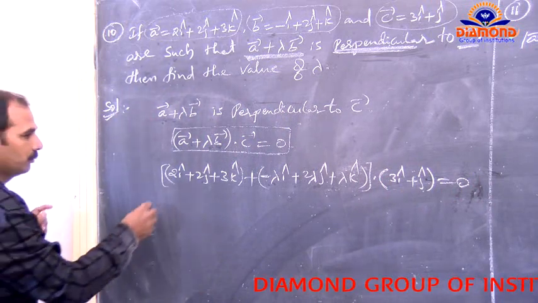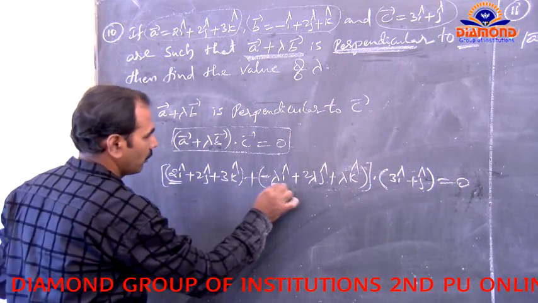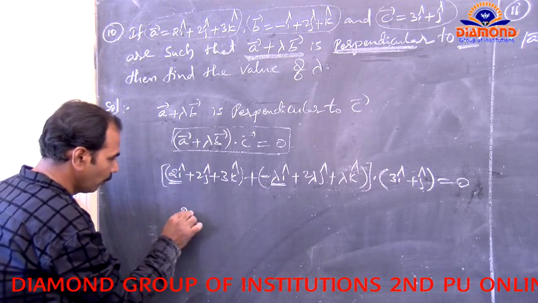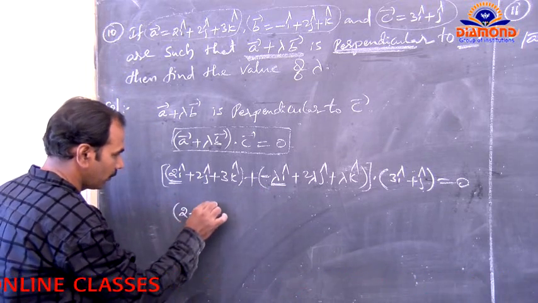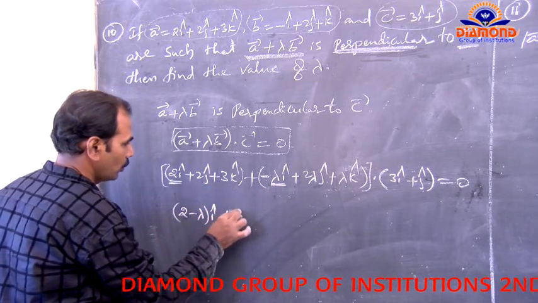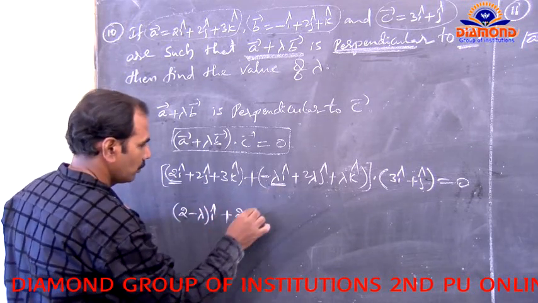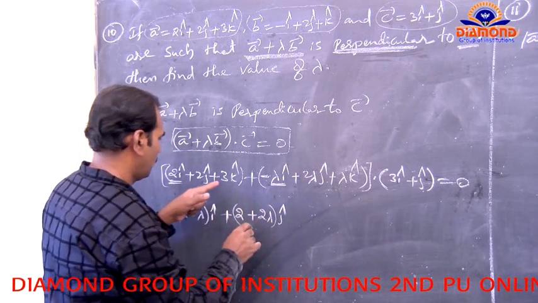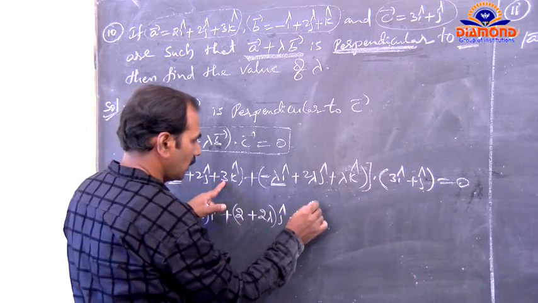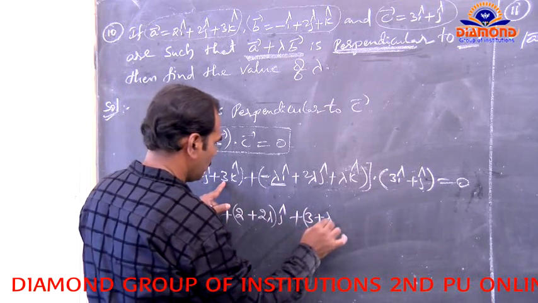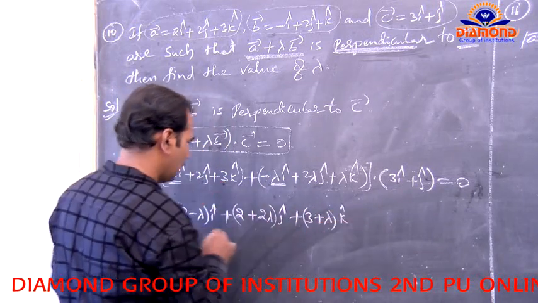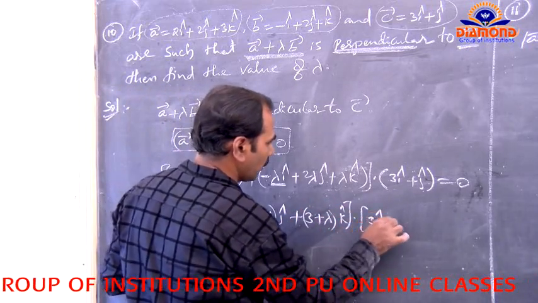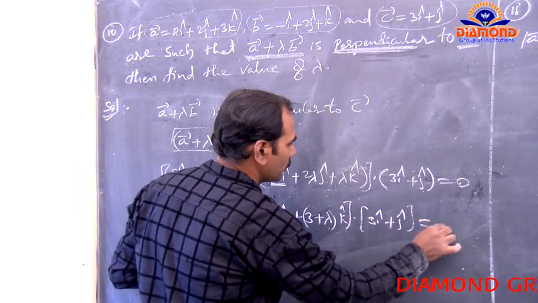So here i component simplification. It means 2 minus lambda i cap plus 2 plus 2 lambda j cap plus 3 plus lambda k cap, into dot product 3 i cap plus j cap equal to 0.